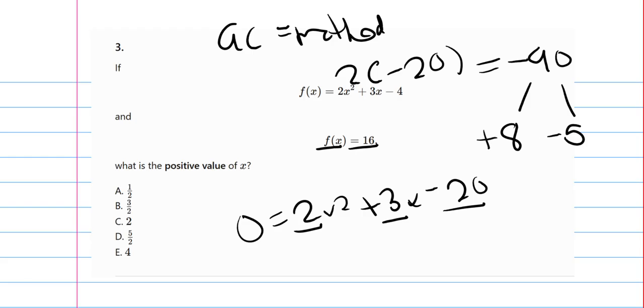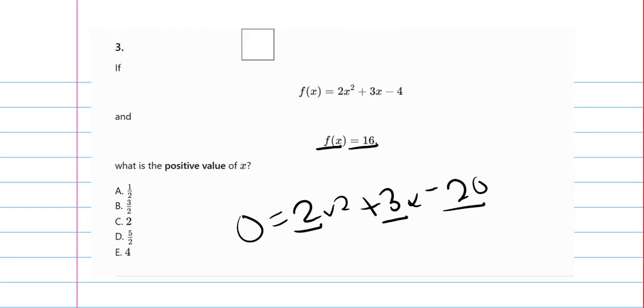Since we're given that information, we can just factor this trinomial: 2x squared plus 8x. Since you have the two values that add up to positive 3x but multiply to negative 40, you can just plug them in.